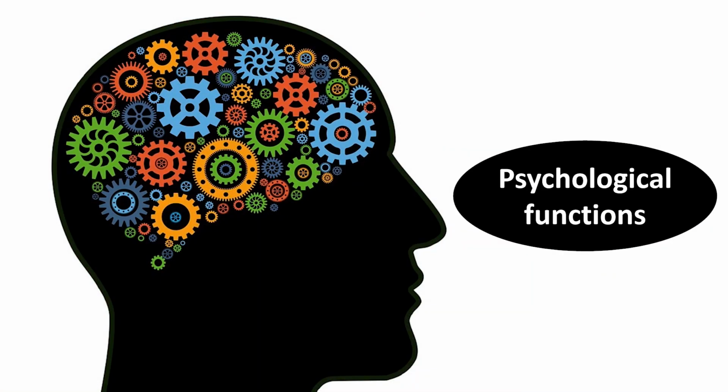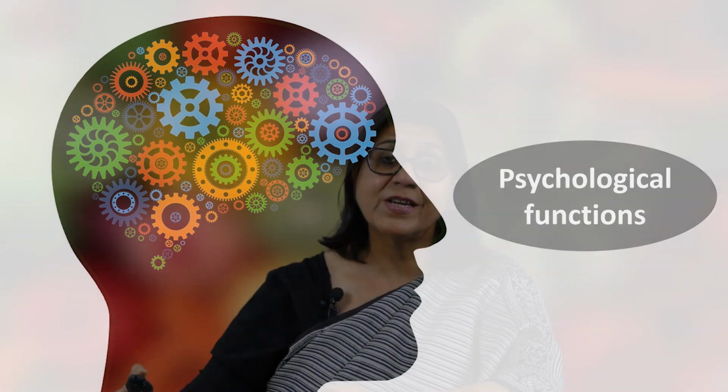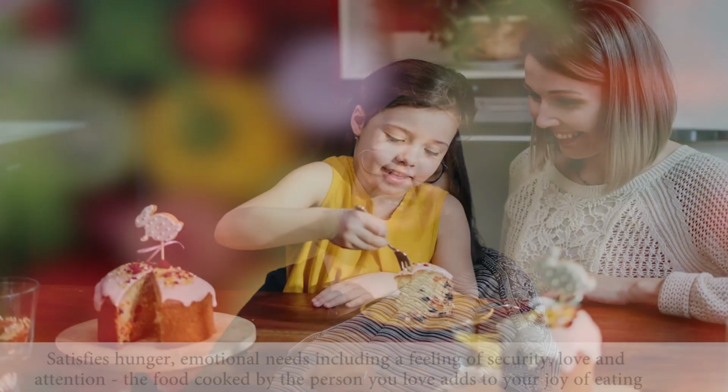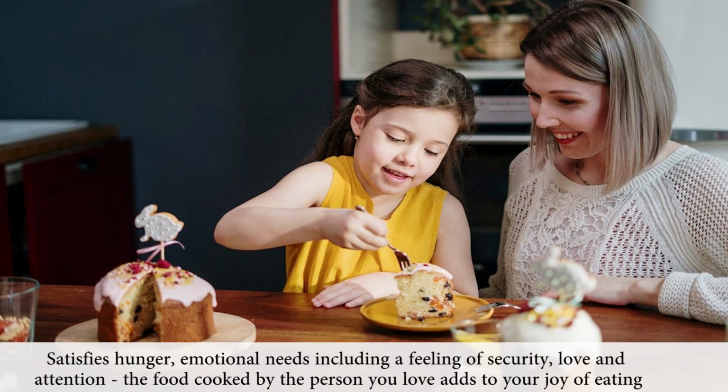Apart from these three physiological functions, as already informed, food plays a very important psychological function in our body. Food satisfies hunger. The emotional needs, including the feeling of security, love, attention, are fulfilled by the food, particularly the food which is cooked by the person you love, and that adds to your joy of eating.